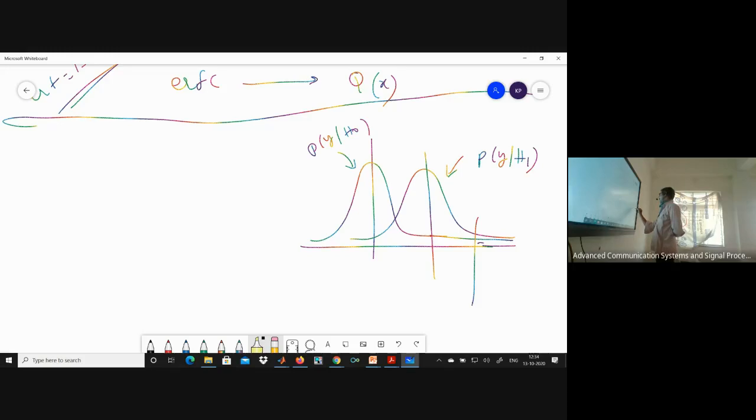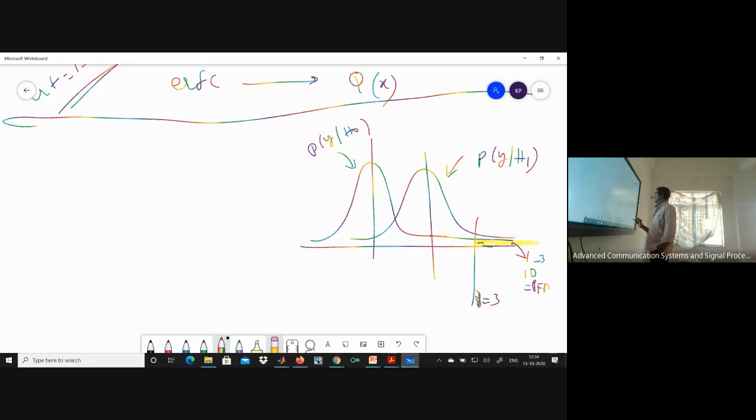This yellow shaded version, whatever you are going to see over here, is nothing but the probability of false alarm. And by using the Q function distribution, we have found that for having this 10 to the power of minus 3, which is equal to the probability of false alarm, we should have this gamma value as 3, and this we have identified.